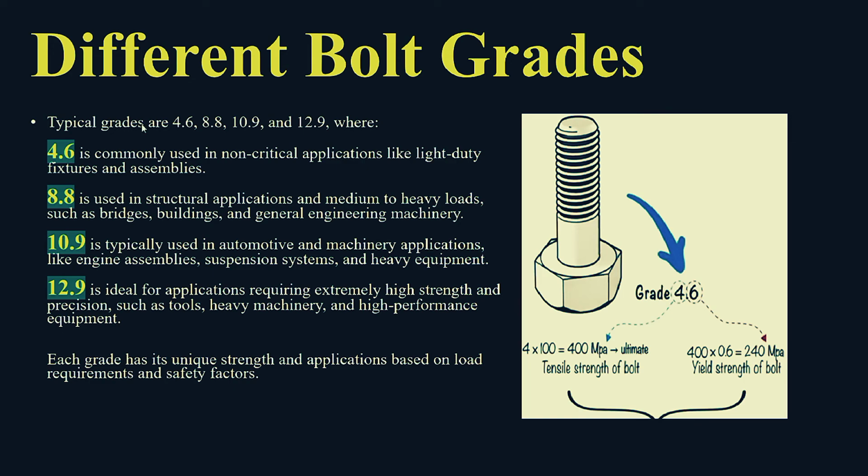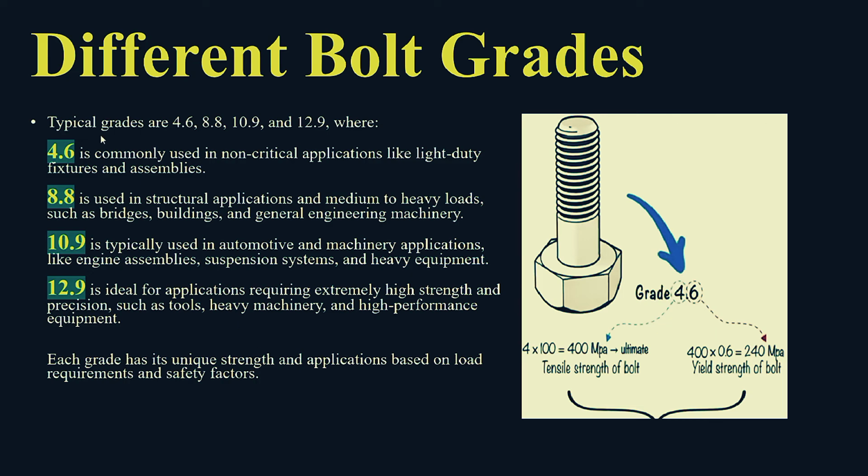The last example is 12.9. It is ideal for applications requiring extremely high strength and precision, such as tools, heavy machinery, and high performance equipment. Each grade has its unique strength and applications based on the load requirement and safety factors.